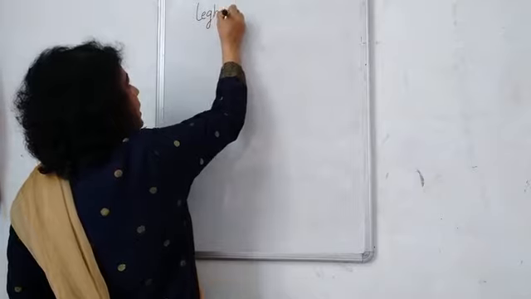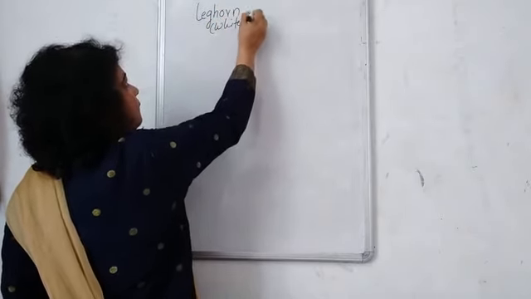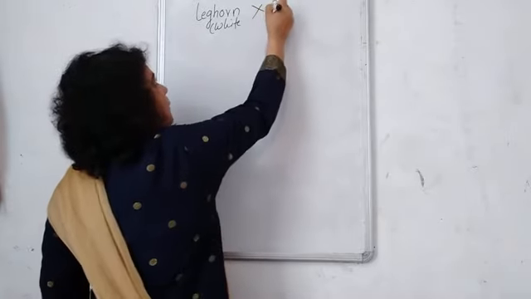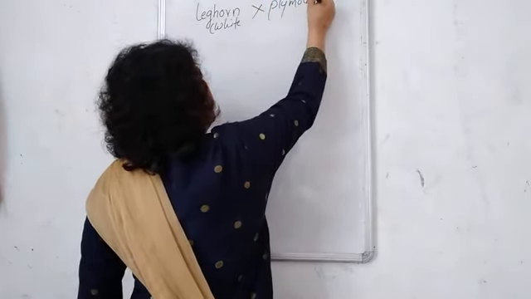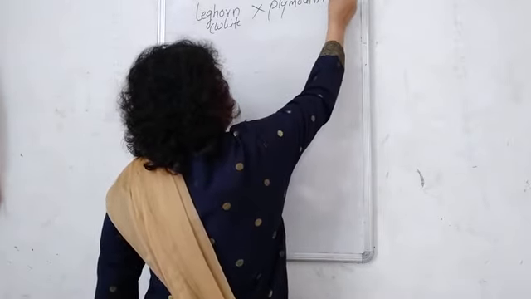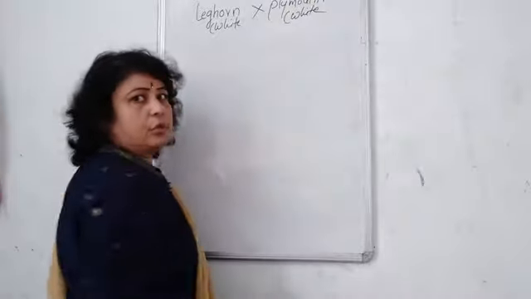One is Leghorn, which is white in color. When it is crossed with Plymouth Rock, which is also white.